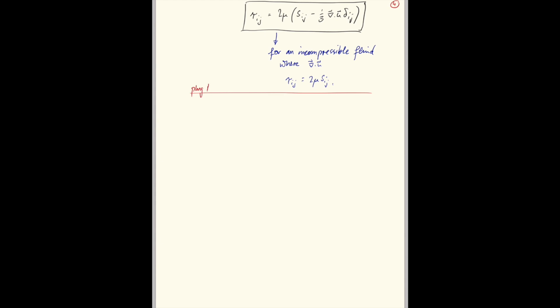Plug this into our expression for Tij. So we had the stress tensor as a sum of the isotropic P component and the non-isotropic deviatoric stress tensor. And so now we have Tij is just minus P delta ij, nothing changes here.